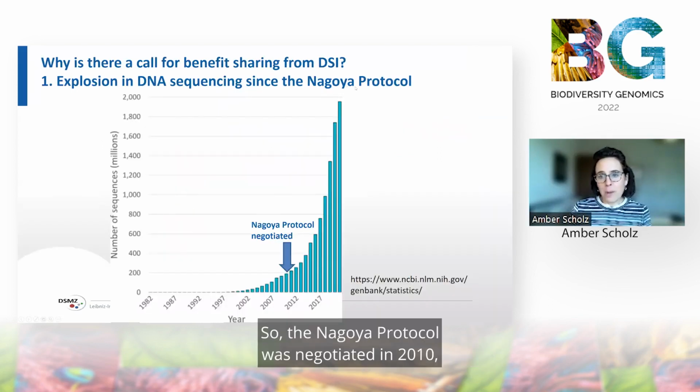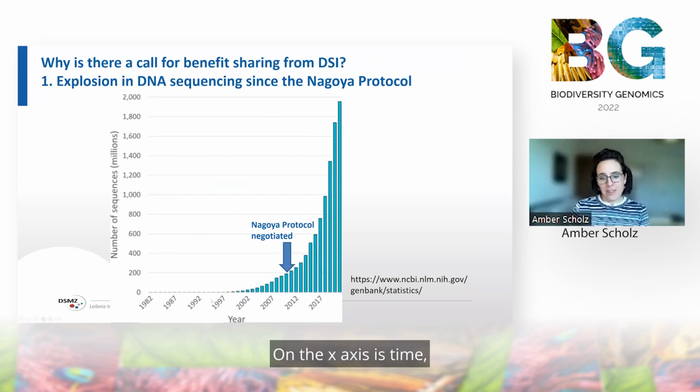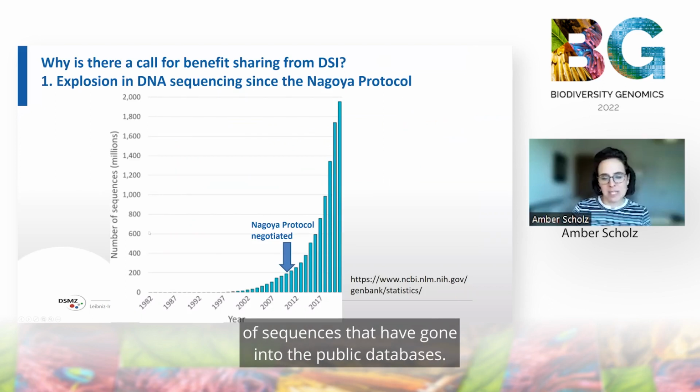So the Nagoya Protocol was negotiated in 2010, right here, following that blue arrow down at the bottom. On the x-axis is time, and on the y-axis is the numbers of millions of sequences that have gone into the public databases.